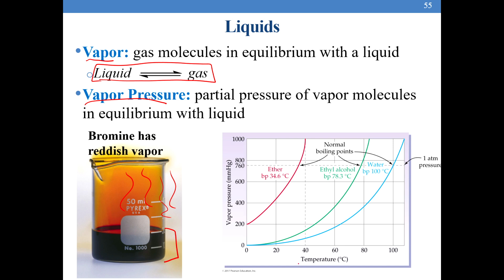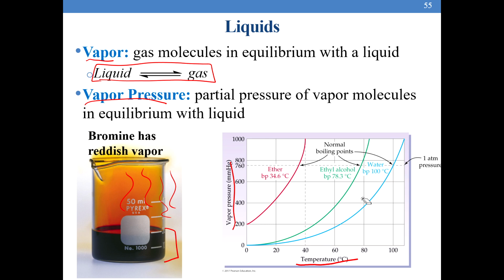This graph from your book shows temperature on the x-axis and vapor pressure in millimeters of mercury on the y-axis, for three different substances. Even the blue line for water shows that as temperature increases, there's going to be more gas and therefore a higher vapor pressure.